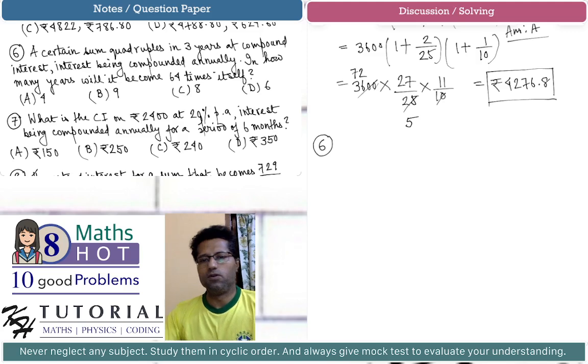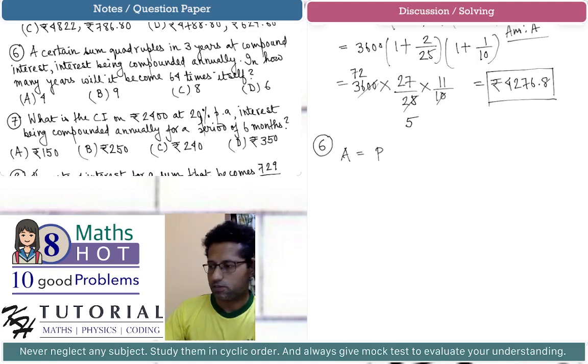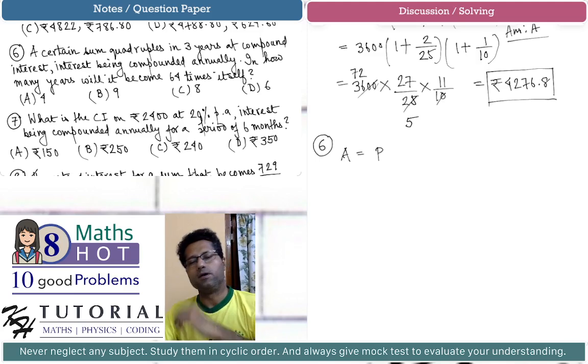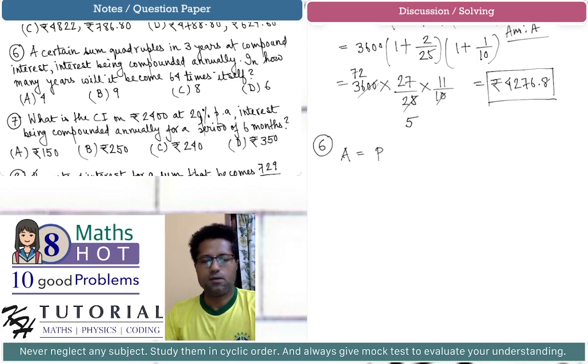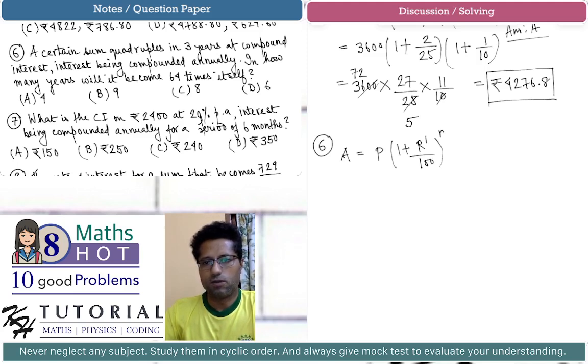Now we know that the general formula for the amount, for the case where the rate of interest is the same throughout the time period, is A equals P multiplied by (1 + R/100) to the power n, multiplied by (1 + (a/b)R/100).